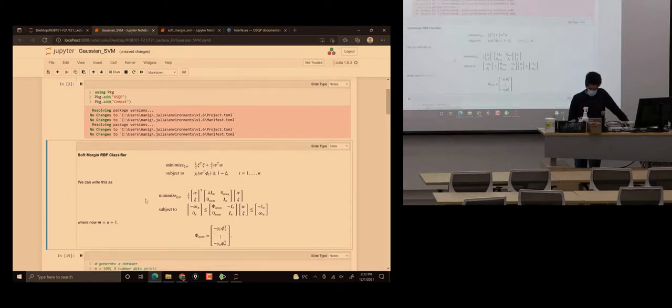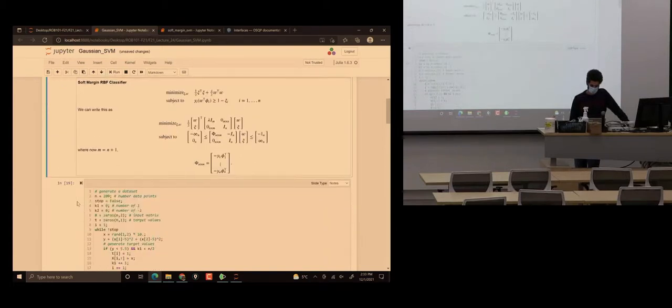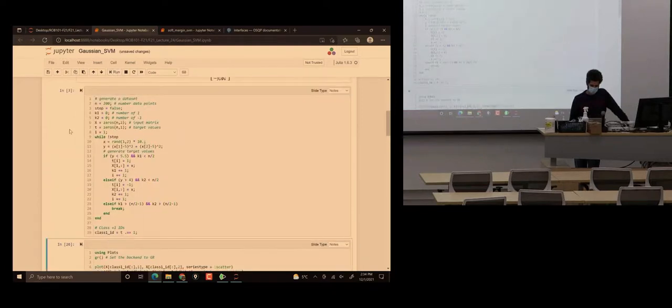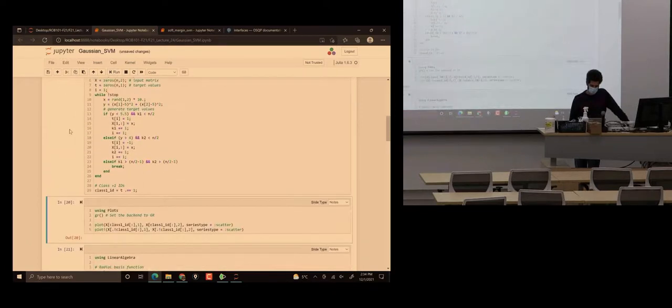The difference is that now, instead of X, I have this feature vector, phi. I have the phi matrix. I'm still calling it W, but this is actually alpha. It's not a 3 vector, it's an n+1 vector. Let's generate data. See if we can plot it.